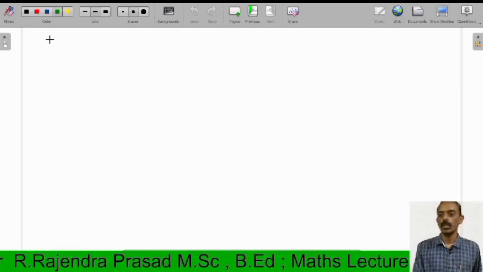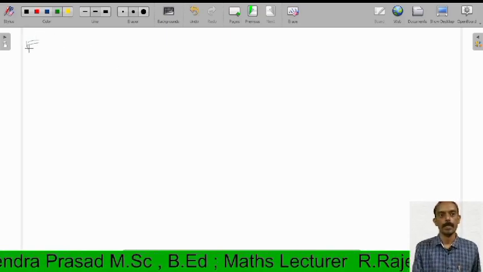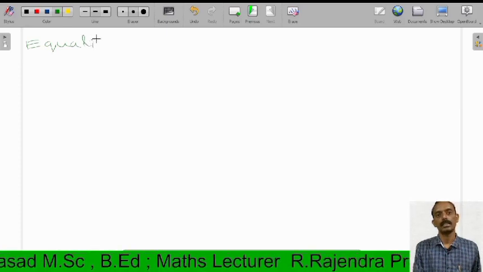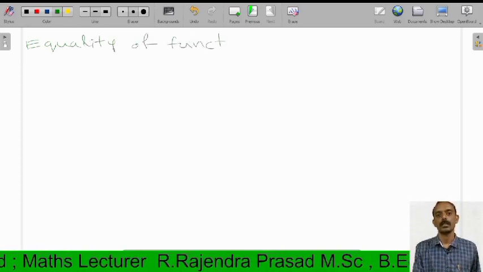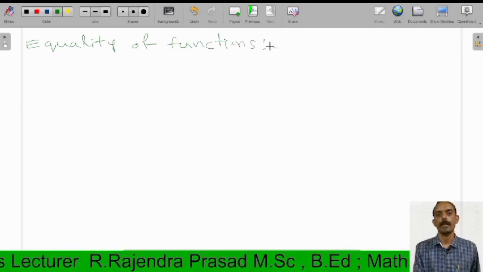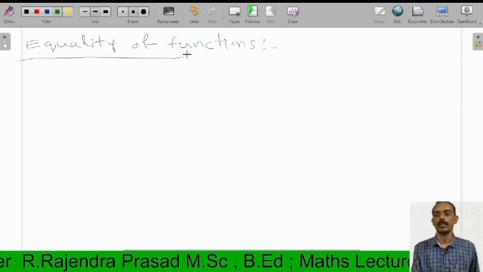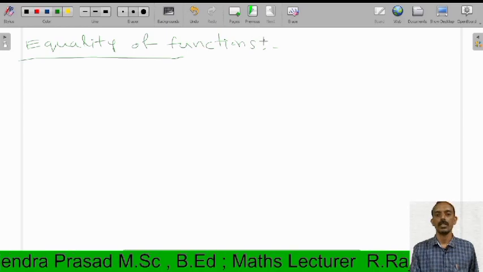Next, equality of functions. Let f and g be functions.